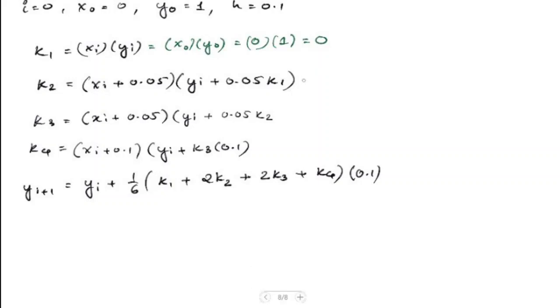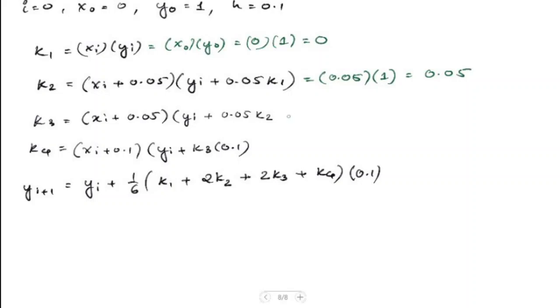And then here we'll have x0 plus 0.05, so x0 is 0, 0 plus 0.05 will be 0.05 times y0 plus 0.05 times k1, which is above. Here we have k1 value as 0, so k1 will be 0 here. 0 times 0.05 is 0, 0 plus y0, which is 1, is 1, and that will give us 0.05.